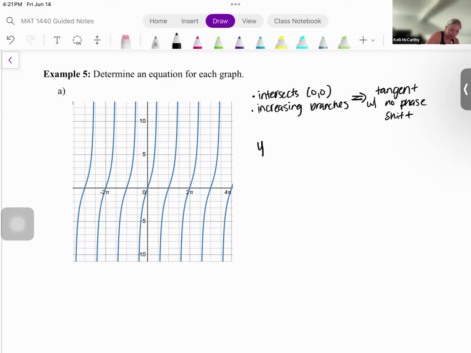All right, so we've got our equation y equals a times tangent of bx plus d. Again, I don't have a plus c because we don't need a phase shift here. We can also see that the midline of this graph is 0, so d is going to be 0. So we can get rid of that d altogether.